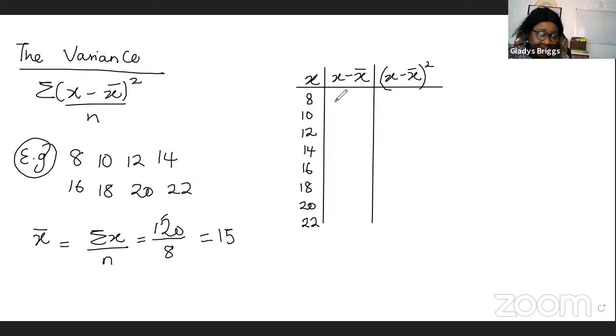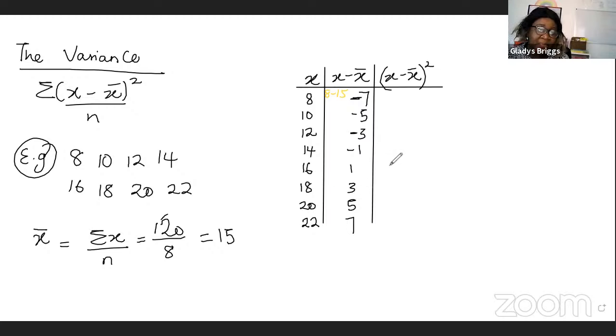Okay, and this time don't worry about the negative, just put the negative in. -7, okay? It's going to be -7, yeah? 10 minus 15 is going to be -5. 12 minus 15, -3, -1, 1, 3, 5, 7.